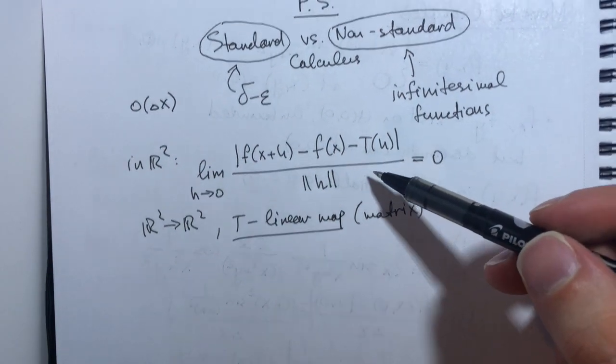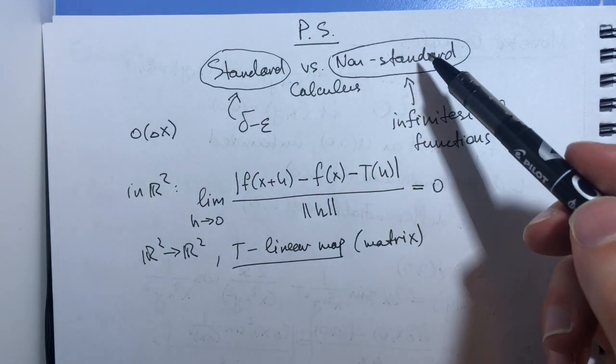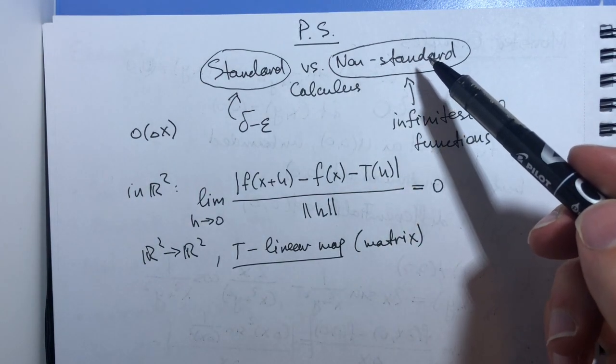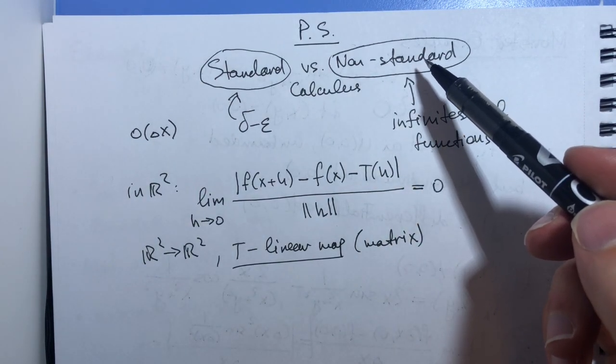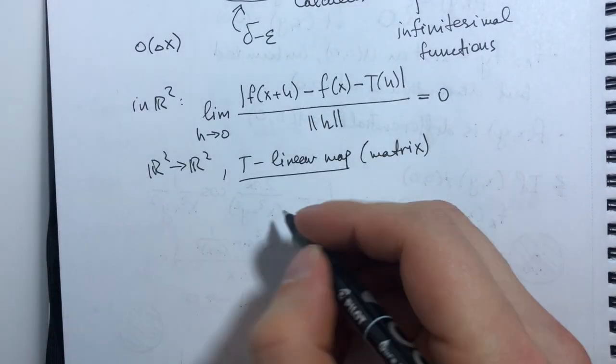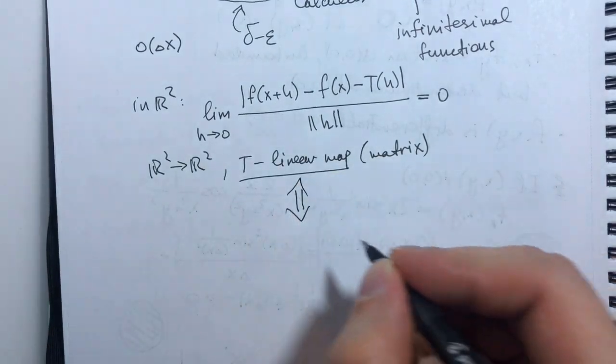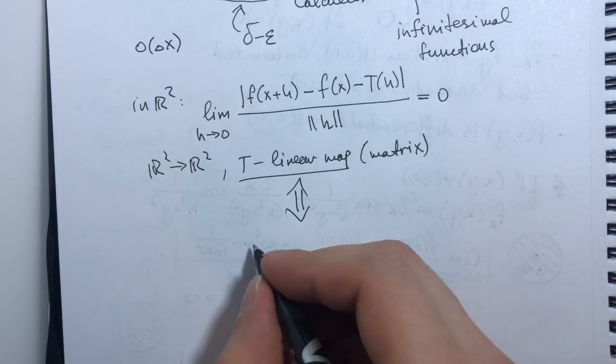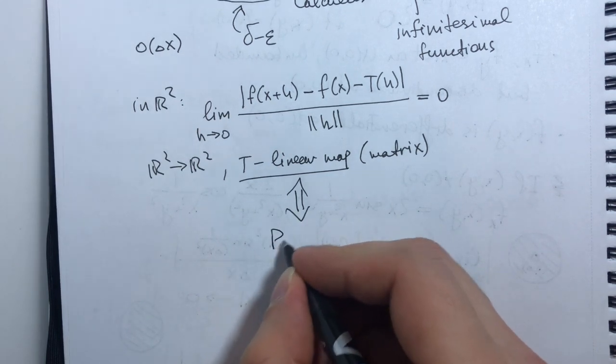It looks like it has nothing to do with the way I defined differentiability in R2, but actually it is the same as the approach we did in part 3.